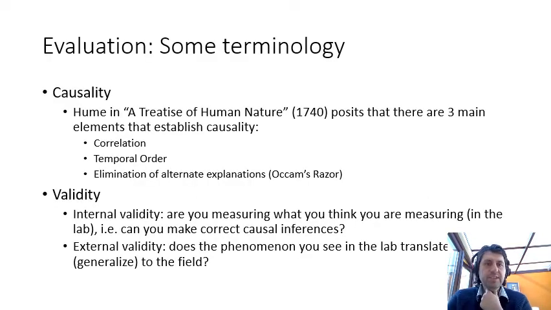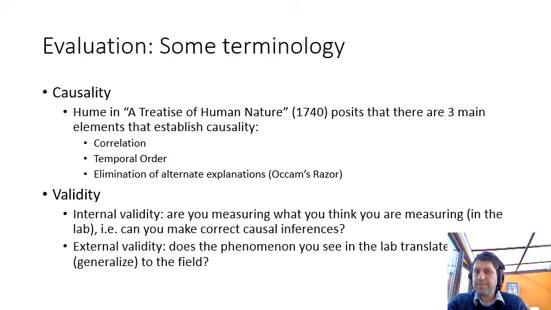So what we needed to discuss, just as a start, is what we mean by causality, right? How do we establish it? For that, I take you back to David Hume, who basically talked about three main elements that establish causality: correlation, that two things need to be moving together; temporal order, meaning in order for A to cause B, A has to happen before B; and the third thing, which is the most difficult, is elimination of alternate explanations.